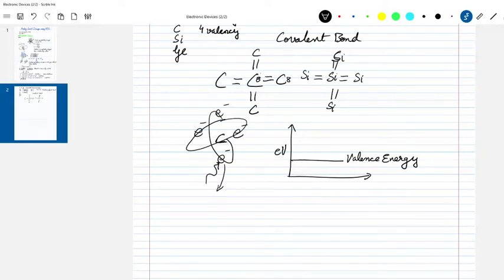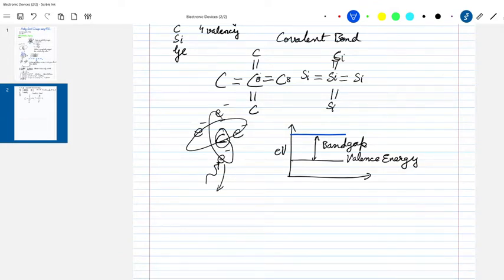Now if you apply a sufficient amount of energy, which is known as the band gap, then these electrons become free of the hold of the nucleus. The nucleus holds an electron through an electrostatic force.